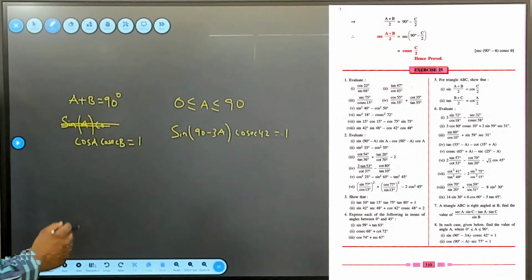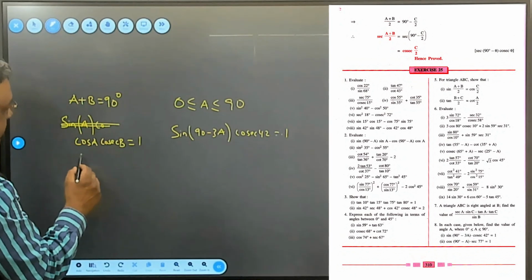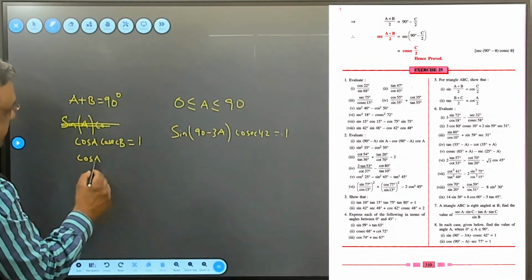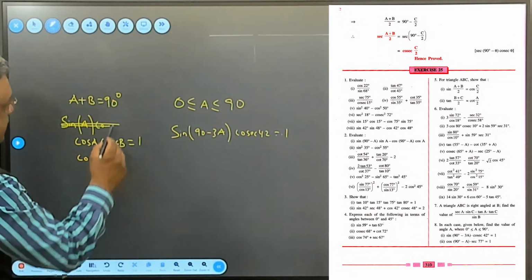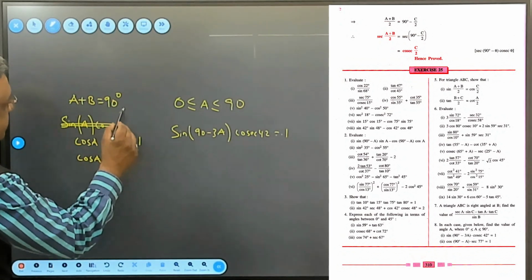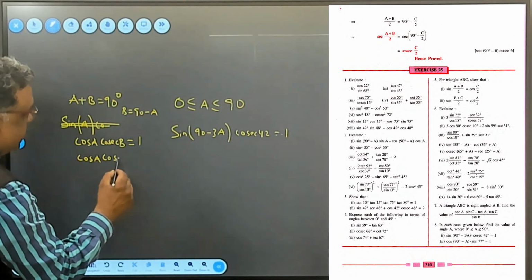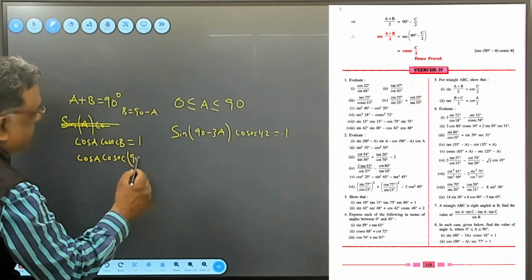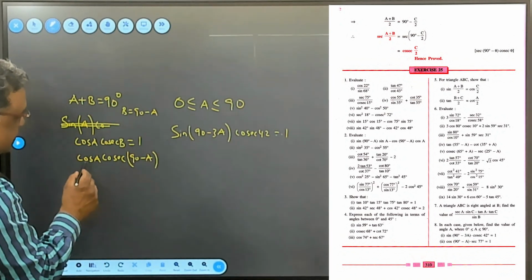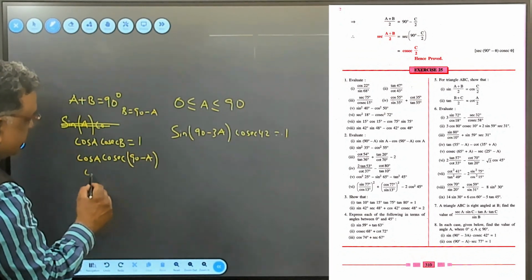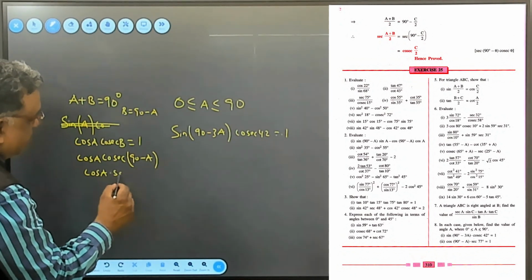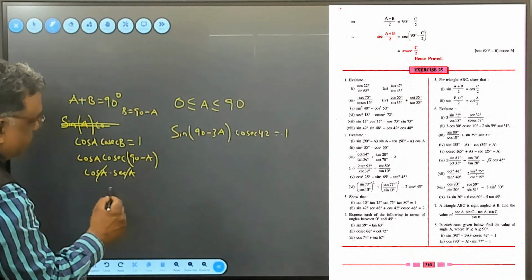We saw that. Why? Because cos A, I can still write it as cos A. Cosec B, B is 90 minus A, because A plus B is 90. So then cosec 90 minus A, which means cos A into cosec 90 minus A is what? Sec A, complementary angle. They both will cut out and it is 1.